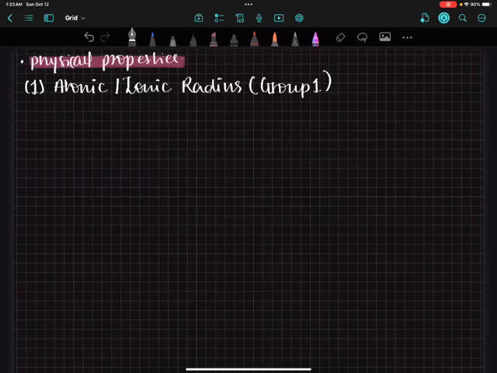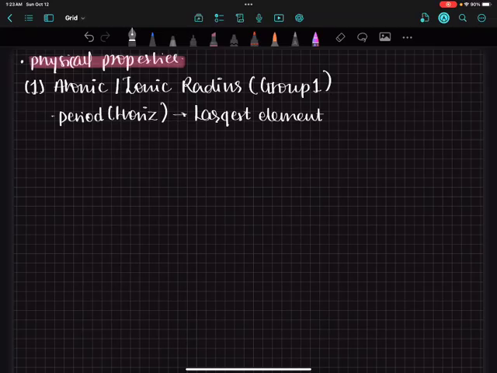Across the period, that is horizontally, it is the largest element in a particular period.